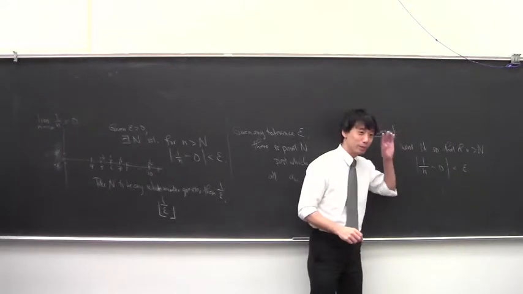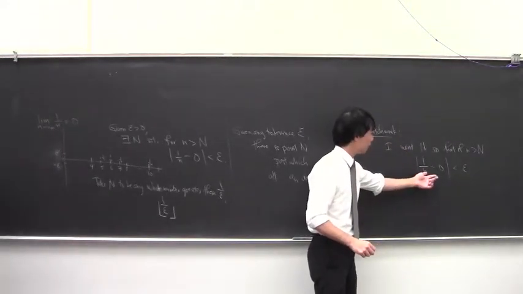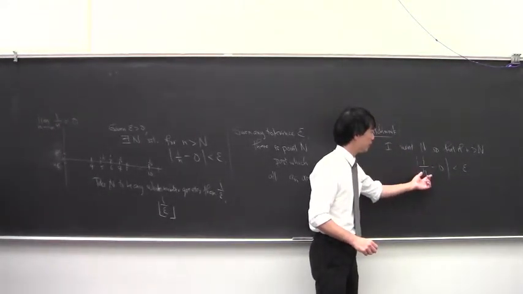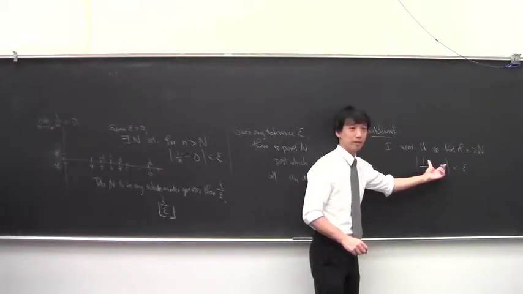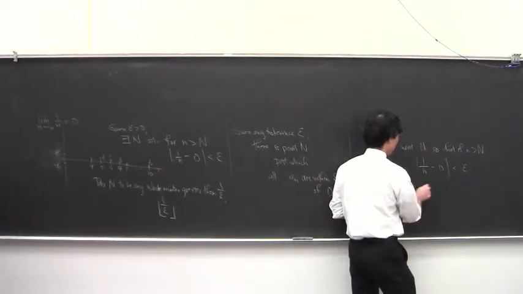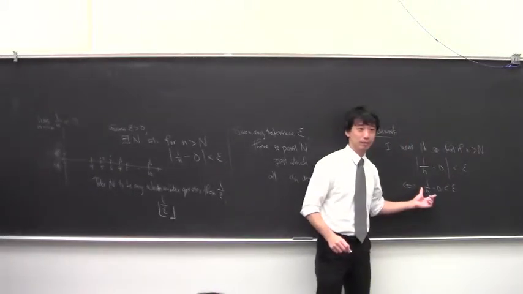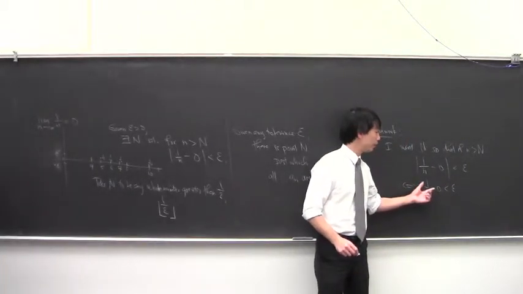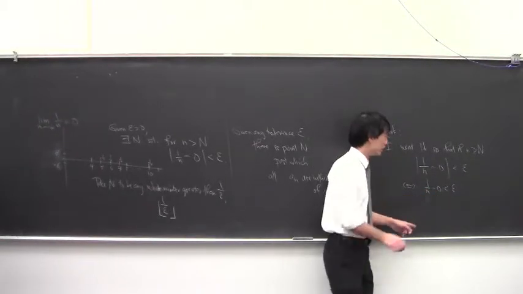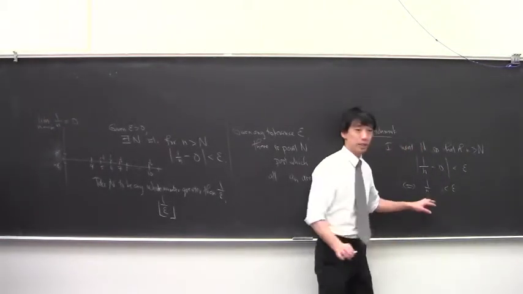You start thinking about it, and you say, I know this 1 over n minus 0 is a positive number, so I can pull off the absolute value signs. Further, subtracting 0 doesn't do anything.